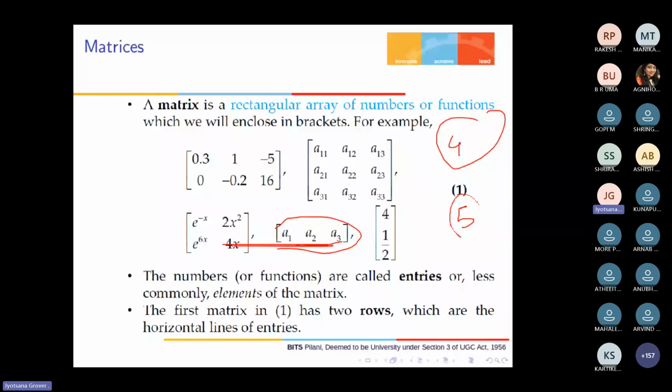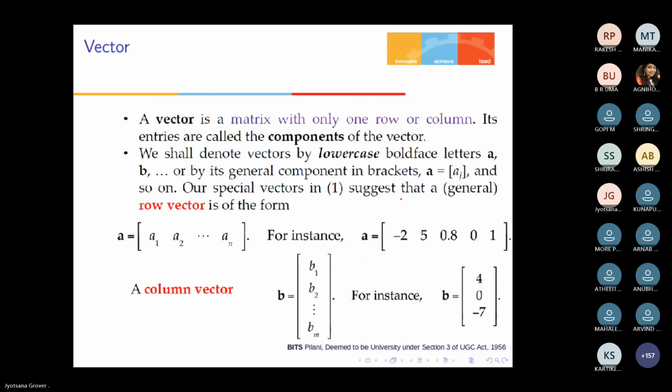This is a vector because it is either a row or a column. Now consider this. A vector is a matrix with only one row or one column. For example, this is a row vector because it contains only one row, one row and n columns, so 1 into n. Now consider this.